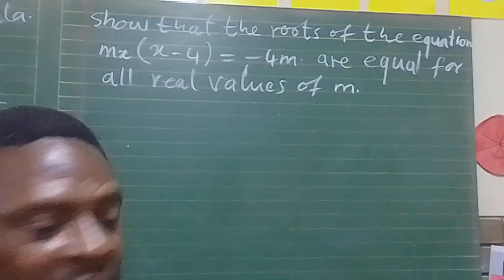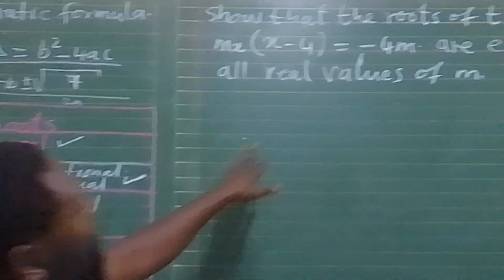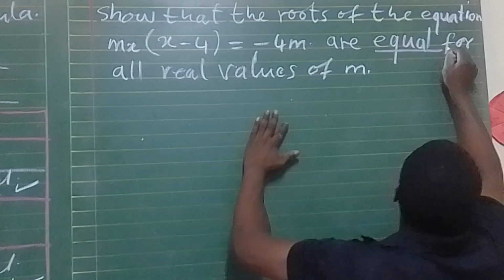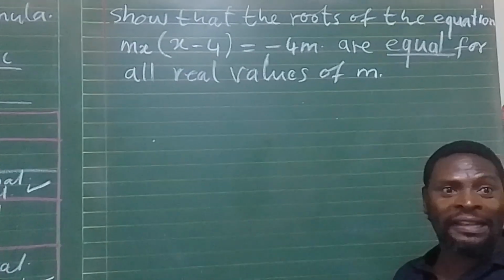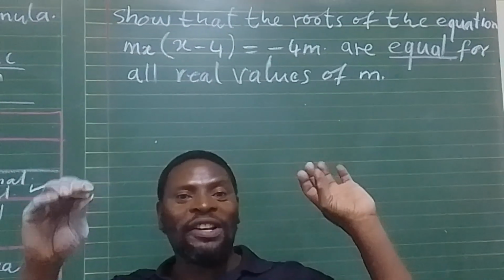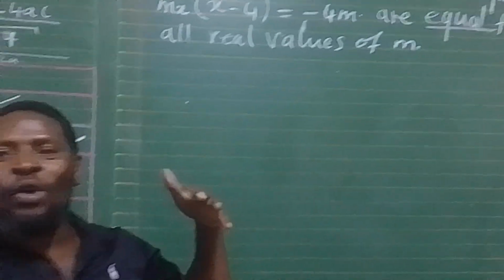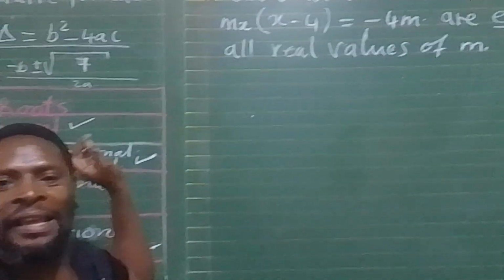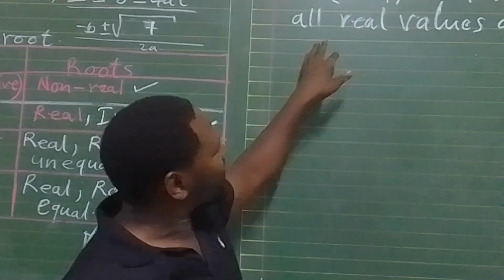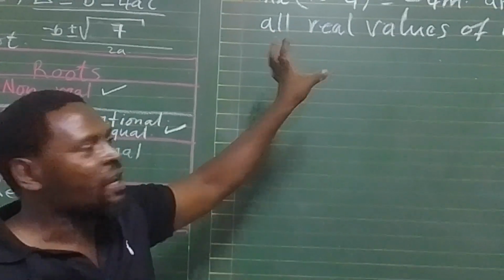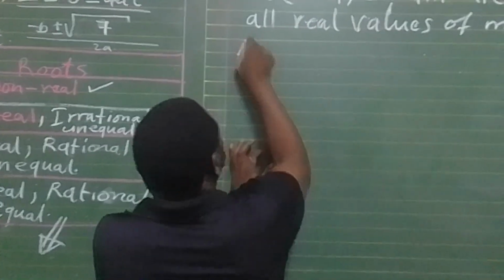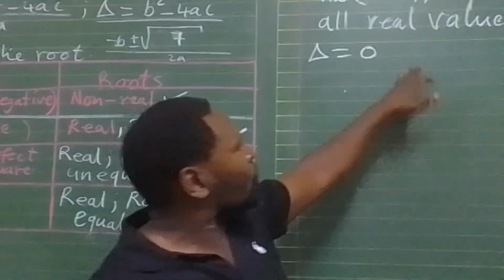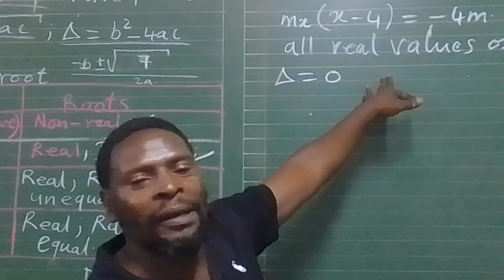Remember, we have discussed this long ago. When we say the roots are equal, it's when it is doing what? Yes, I can see one student says they don't know. Where were you? Go back to the previous video, you will find out that in grade 11 we know that if the discriminant is equal to 0, it means that the roots are equal.